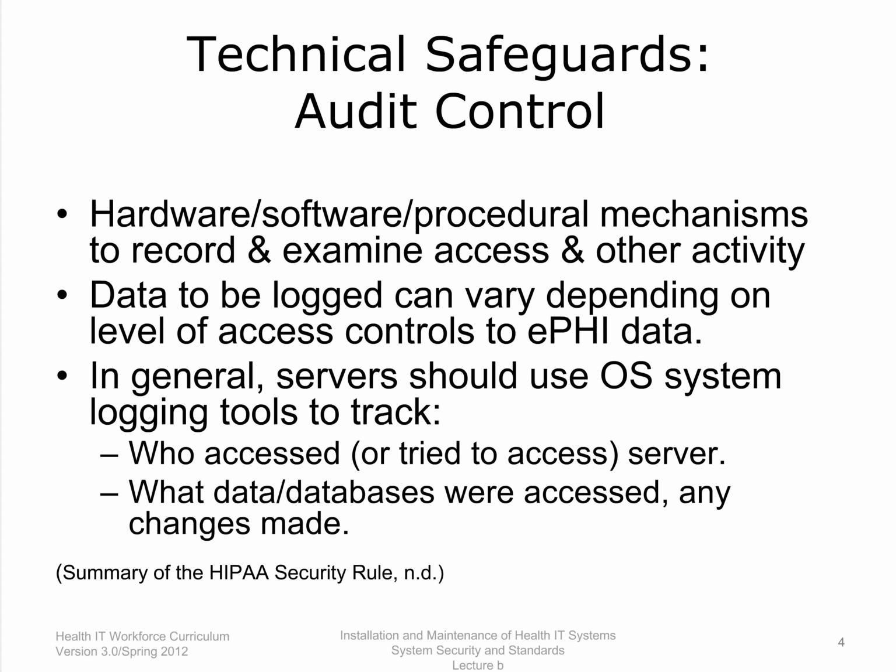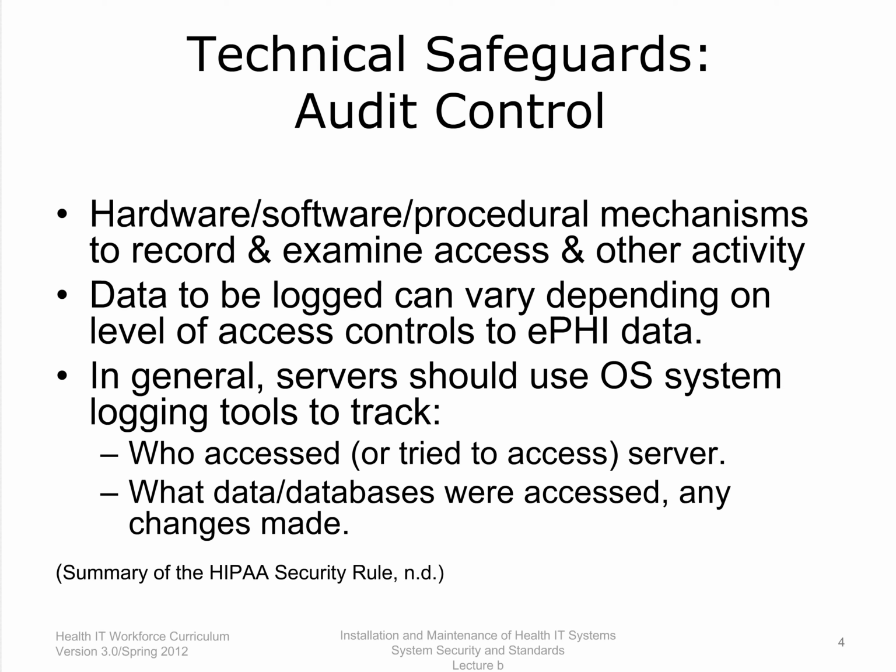Slide 4. Other technical safeguards include utilizing hardware, software, and/or procedural mechanisms to record and examine access and other activity in information systems that contain or use ePHI. We call this audit control, and it is implemented through activity logging. What actually needs to be logged depends on the level of access controls to the ePHI data.